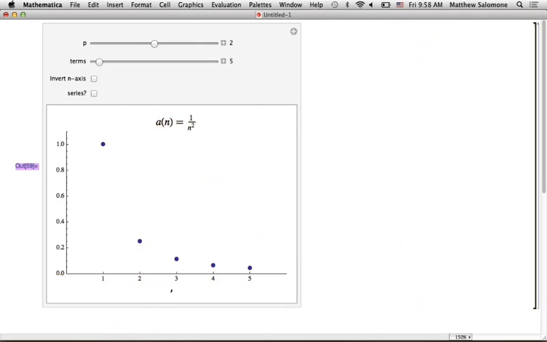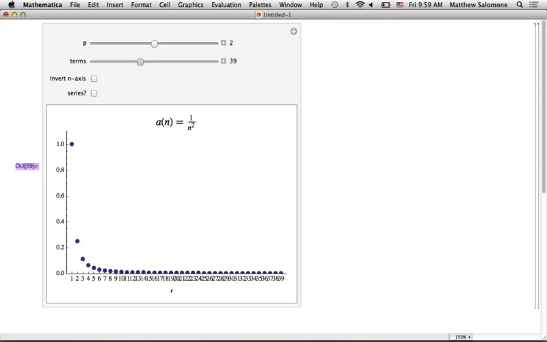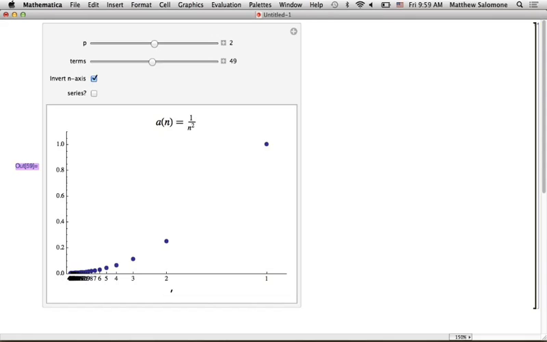Let's add in some additional terms. 1 over n squared, up to 50 terms here. Well, it certainly obviously looks like this is tending towards 0. But if I flip the x-axis, so notice when I flip the x-axis, 1 is now here on the right, and we increase n towards infinity as we move toward the left. So 1, 2, 3, 4, 5.